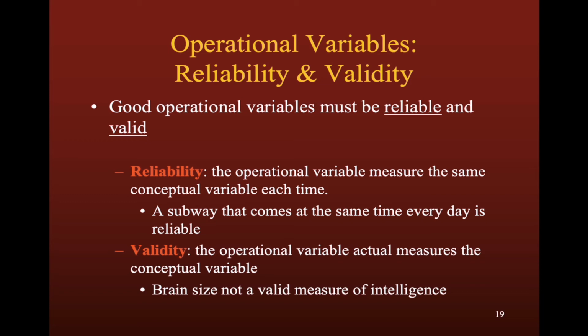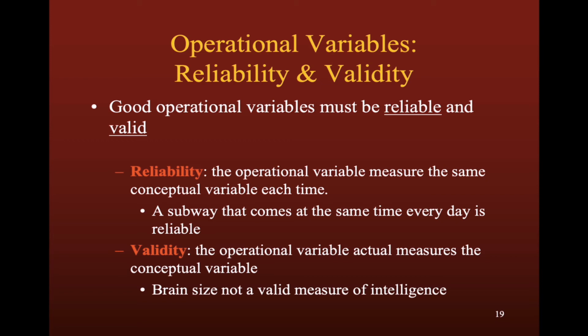So my example here is a subway that comes at the same time every day is reliable. So a measure of prejudice, if people give similar responses each time that they report that particular measure, that's a reliable measure. You wouldn't want there to be a lot of fluctuation from one point in time to another because that would indicate low reliability. And again, we'll spend some time talking about reliability later.